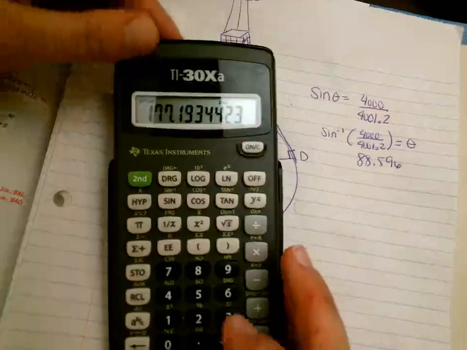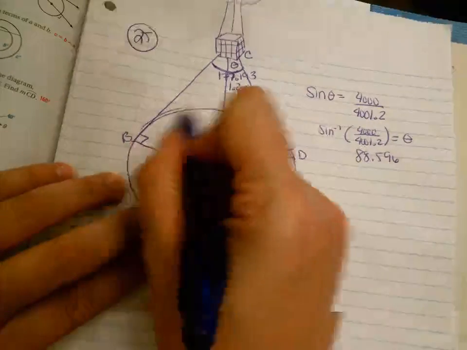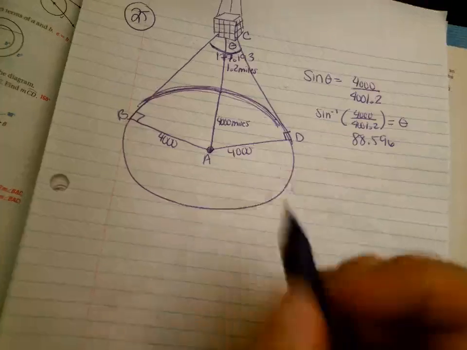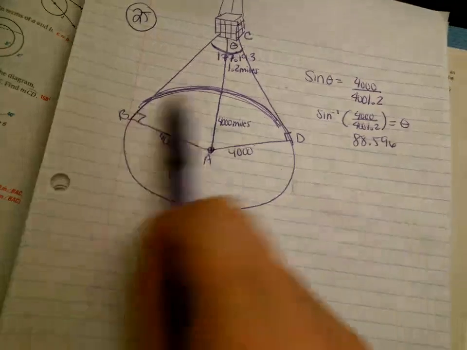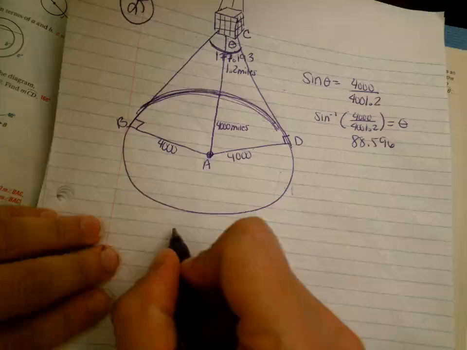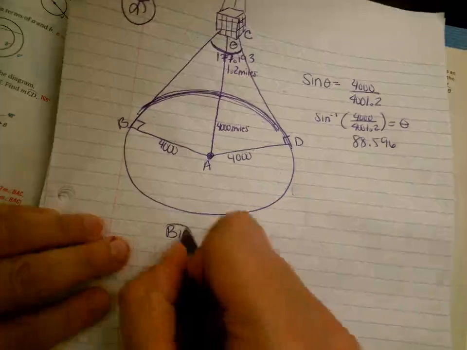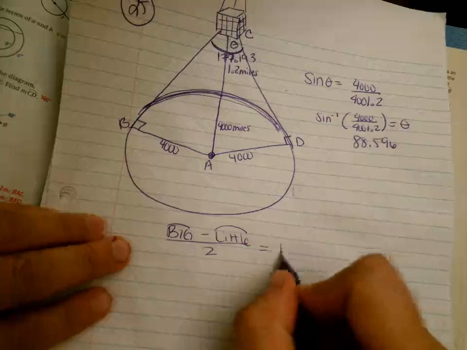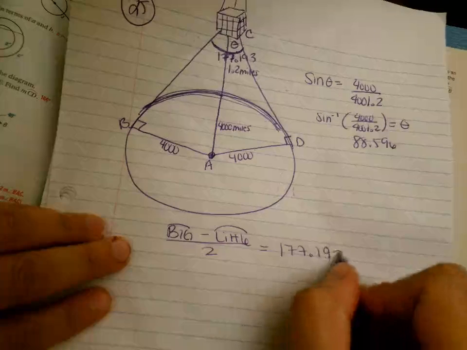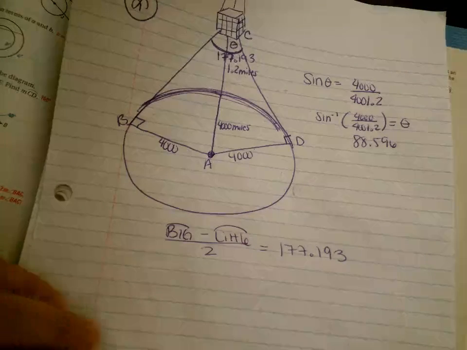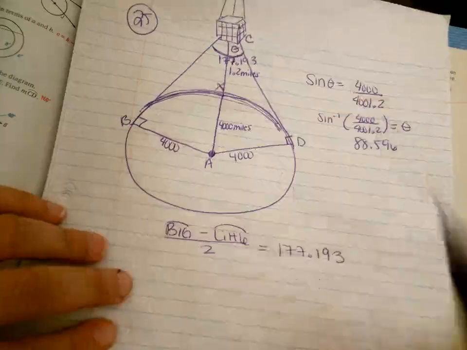Okay, so now I'm trying to find out what this is right here. Well, in order to get that, wouldn't it be big arc minus little arc divided by 2 is that angle, right? Big arc minus little arc divided by 2 equals the 177.193. So let's call this little arc x.